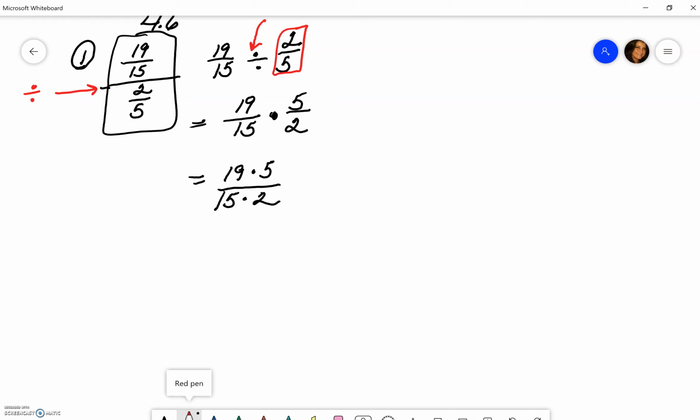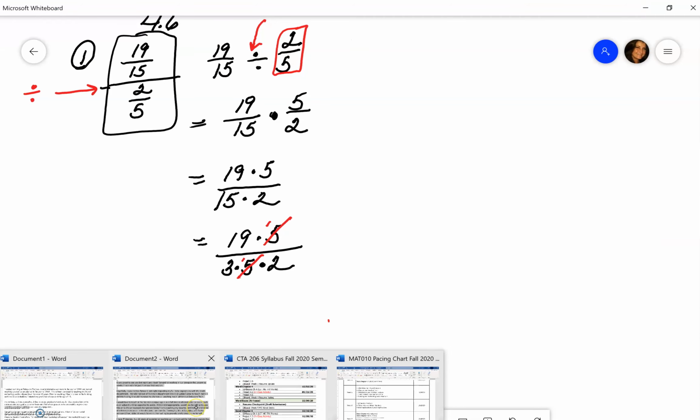Now, before we multiply it out, we're going to see if we can simplify something, and I can already see that I can get a 3 times 5 out of that 15. So I'm just going to rewrite it as 19 times 5 all over, and the 15 I'll represent as 3 times 5 and then times 2. And then we can see the 5s will divide out to 1s.